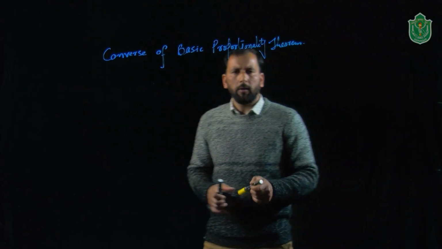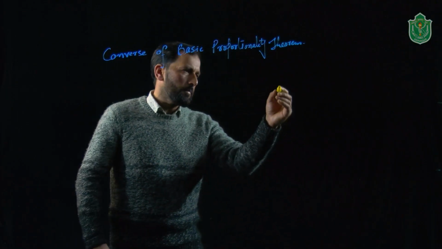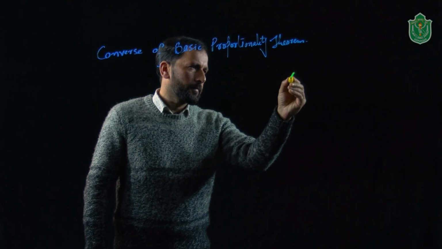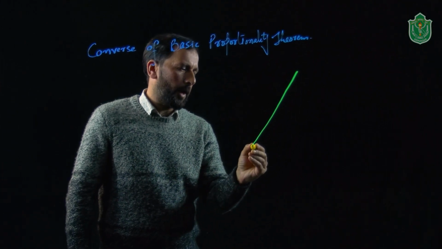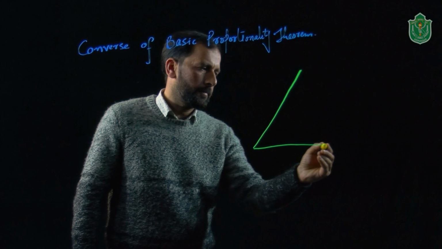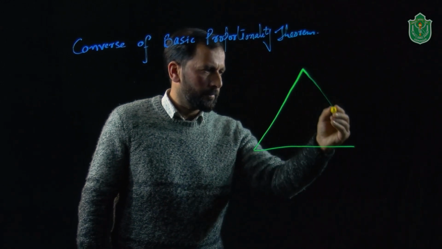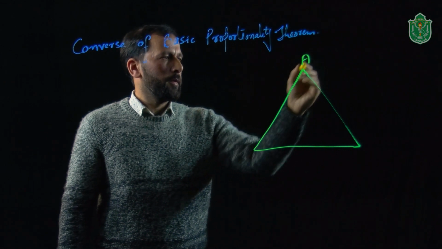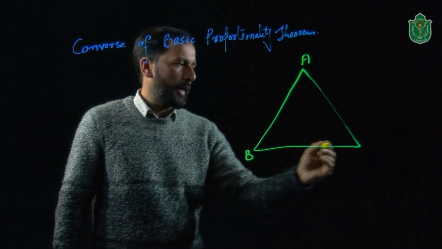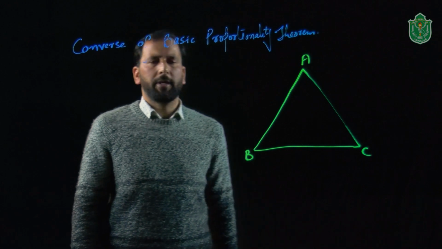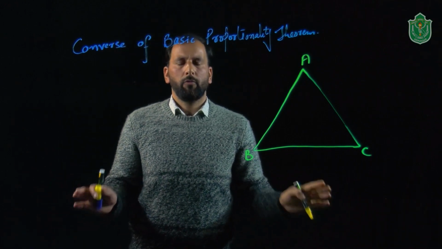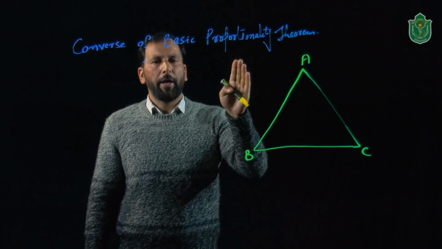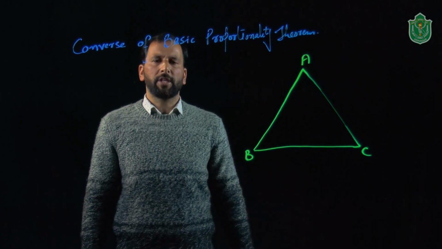So first of all, we have a triangle here. ABC is a triangle, and a line which divides any two sides of the triangle in the same ratio.